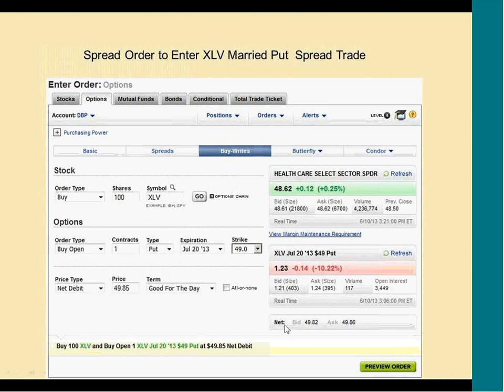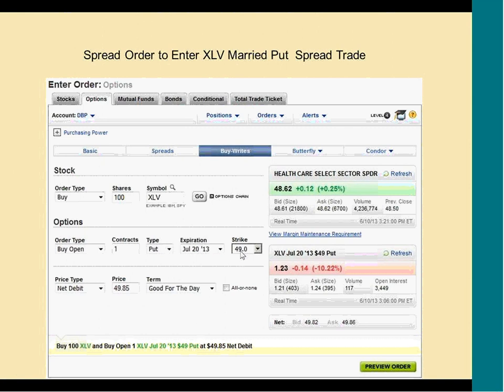And again, my profit potential is not capped. As the price of the ETF moves up, then your profit potential also moves up. So it's a low risk way to participate in this sector that's already had a big move, but if you want to jump in now, this is a low risk way to do that.